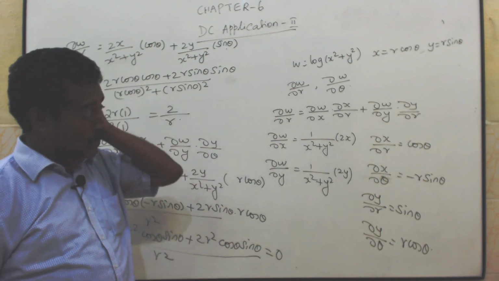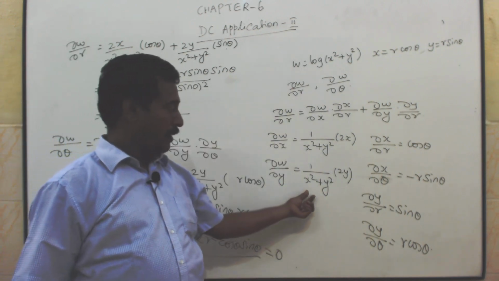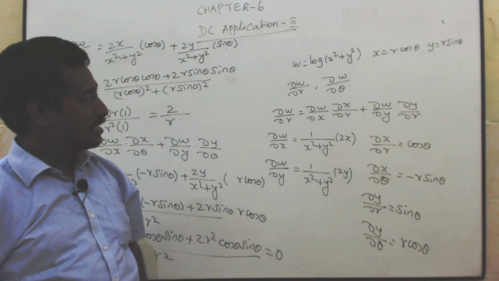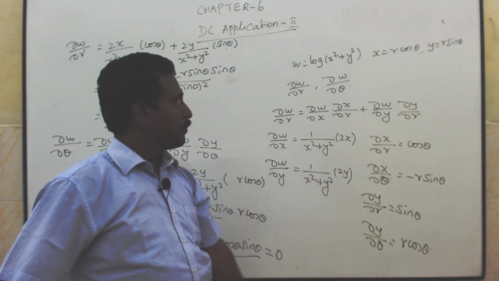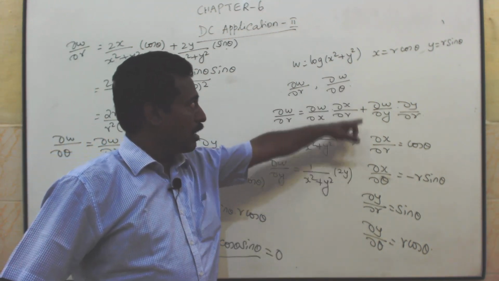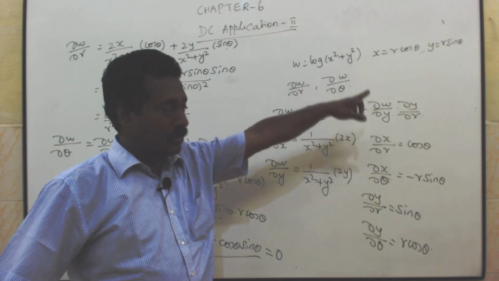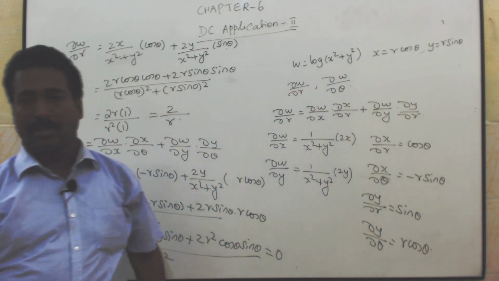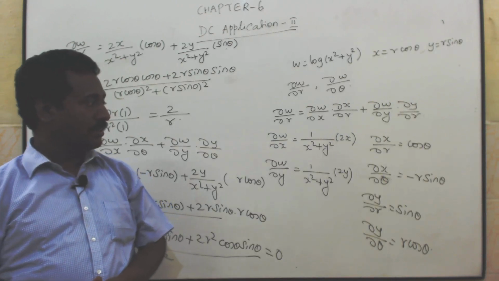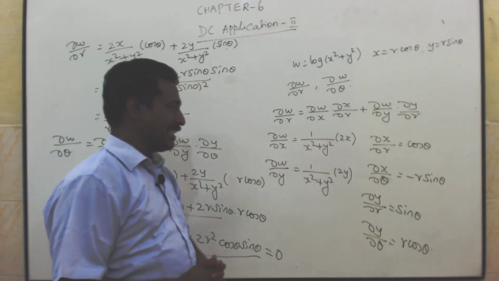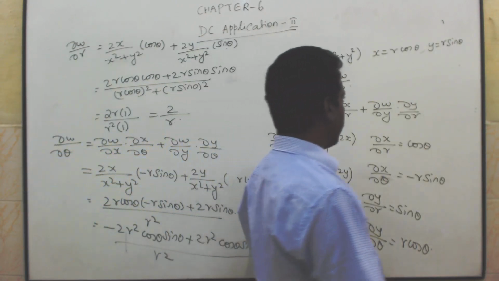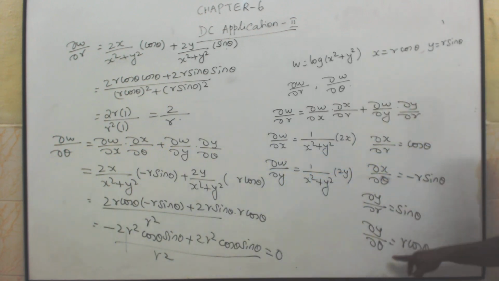Differentiation of x square is 2x. 1 by x square plus y square, differentiation of y square is 2y. ∂x/∂r, differentiation is 1, 1 into cos theta, cos theta. ∂x/∂theta, that is minus r sin theta. ∂y/∂r, sin theta. ∂y/∂theta, r cos theta.